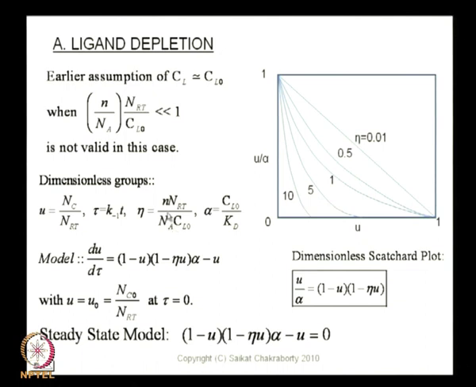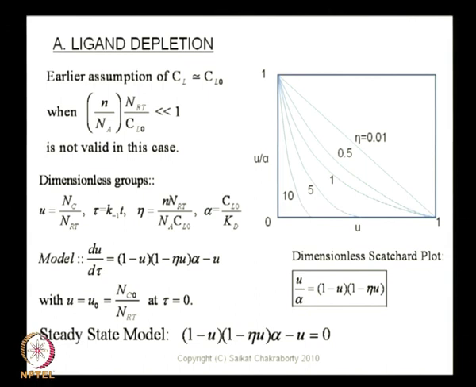Eta is nRT Na over Cl naught. Okay. So, what does this eta signify to you? Just look at the screen and tell me. The answer is right there in front of you on the screen.